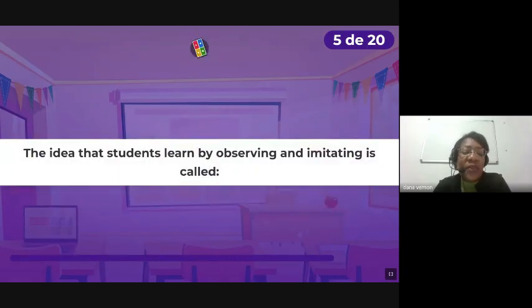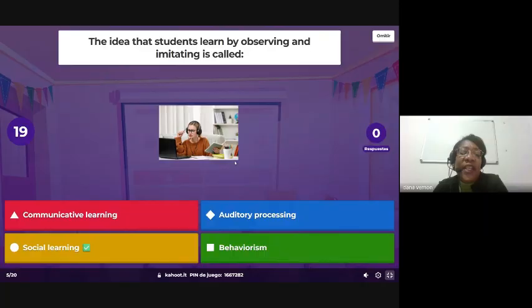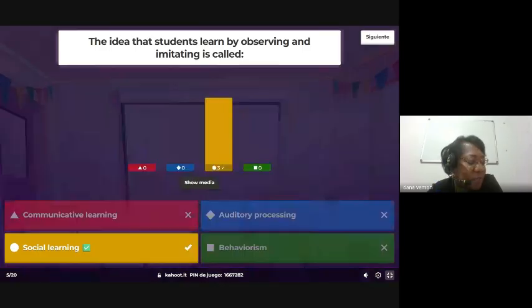Okay, the idea that students learn by observing and imitating is called communicative learning, social learning, auditory processing, or behaviorism. Okay, good.